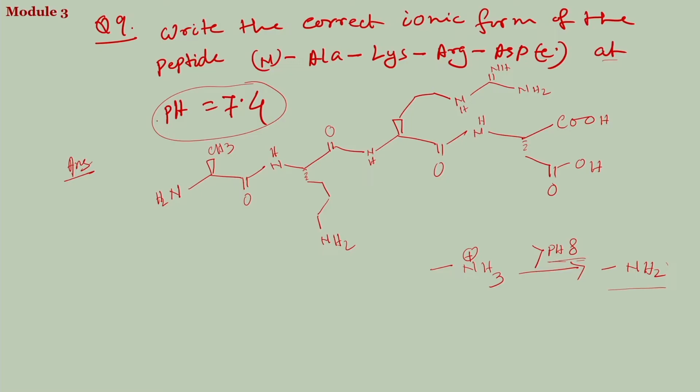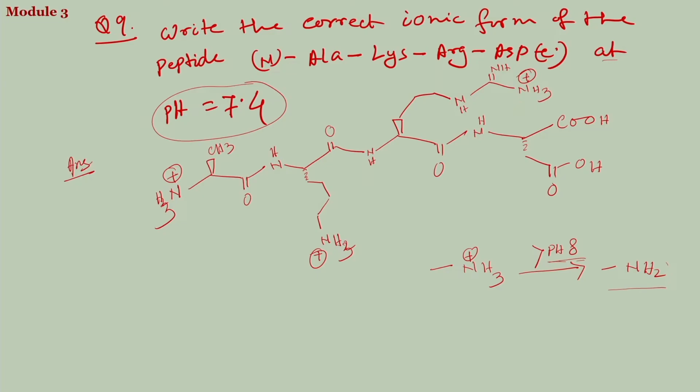So, there you go. If you do it at pH 7.4, which is the physiological pH, this will stay not as NH2, but as NH3 plus. And similarly here NH3 plus, so is here NH3 plus.